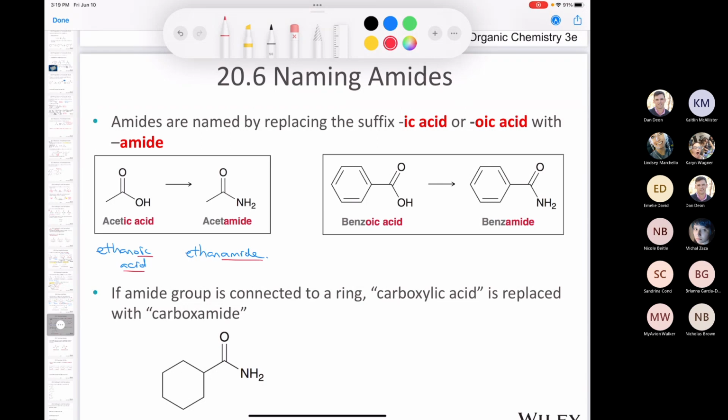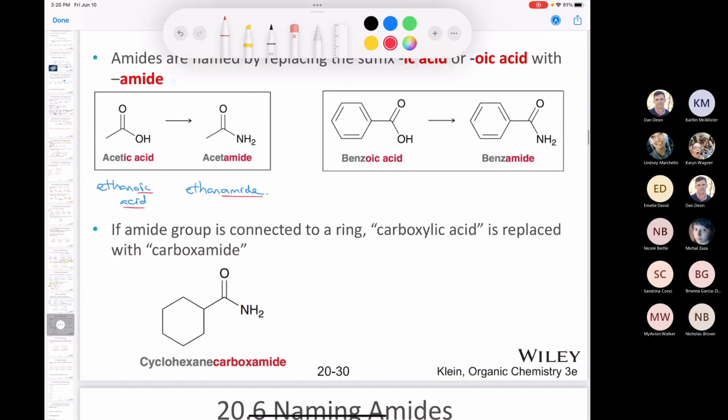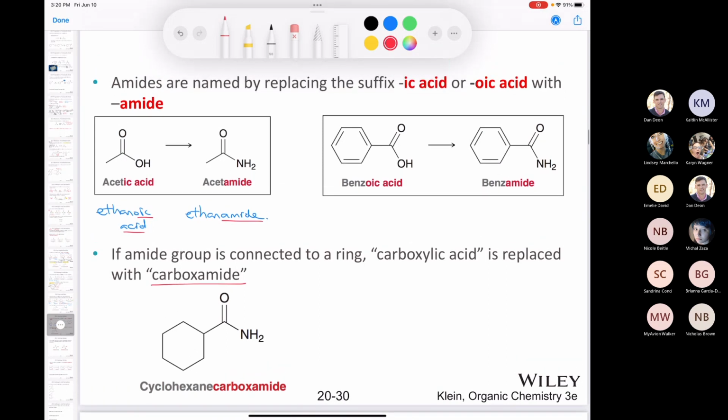And we could come up with other examples, but let's just take a look at this one here. If you have the amide attached directly to a ring, we call it a carboxamide. So we've got carboxylates, we've got carboxylic acids, and now we've got the carboxamide. So we would call this cyclohexane carboxamide.